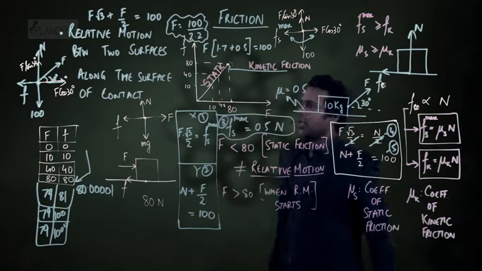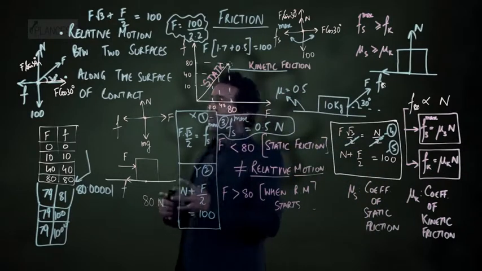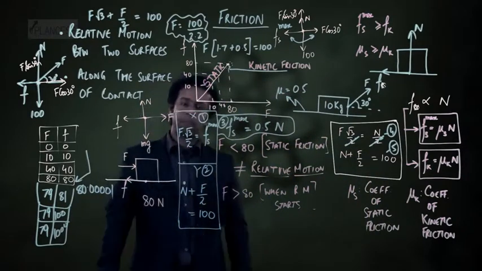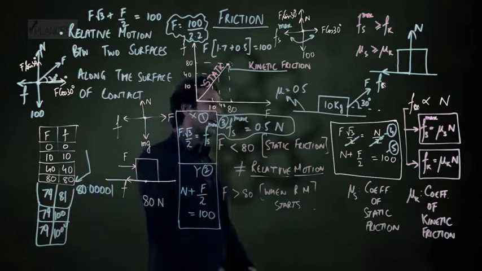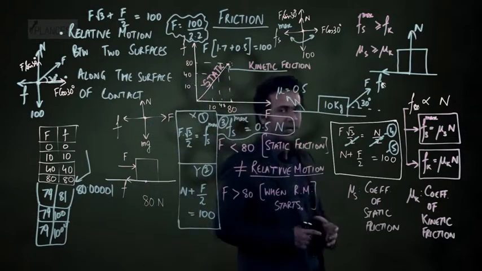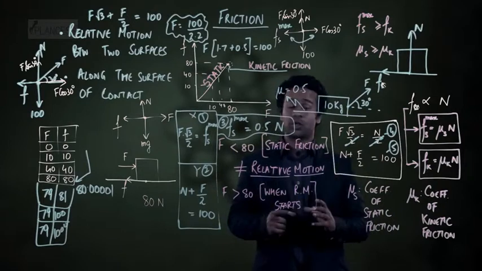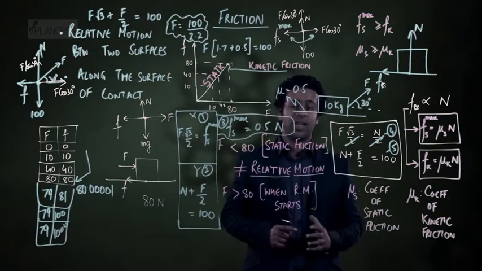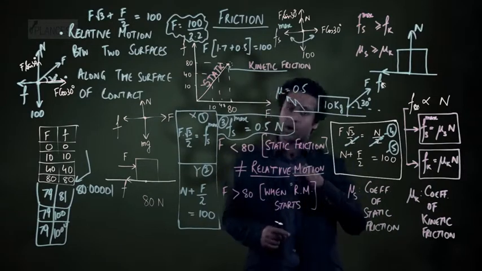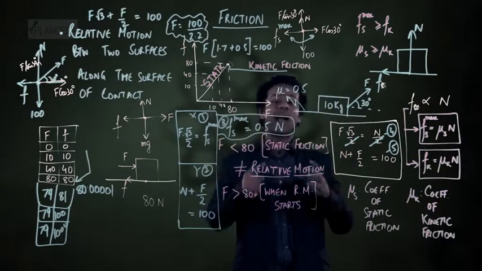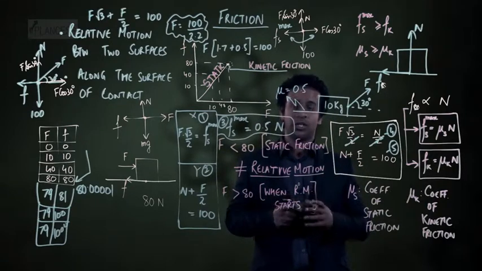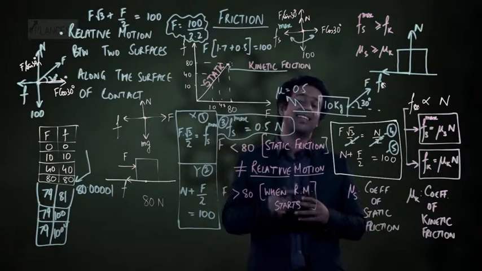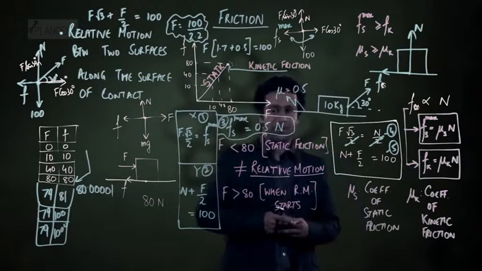Right. So with this, we finished the discussion of friction. So let's look back at what we have learned. The first thing that we learned is that friction acts to prevent relative motion. It always acts along the surface. Its magnitude is proportional to the amount of normal reaction there exists between the two surfaces.